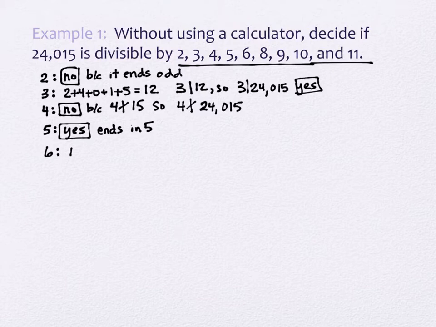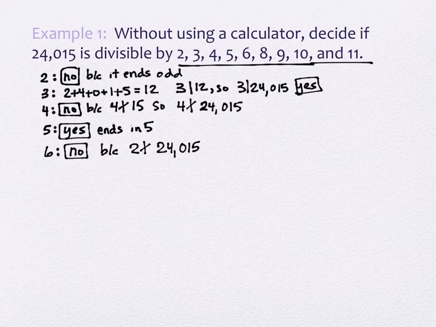No. We didn't talk about that test at length, but what am I checking for if I'm doing divisibility by 6? Divides by 2 and 3. So does it divide by 2? No. Does it divide by 3? Yes, but they both have to be yeses, right? So this one fails because 2 does not divide 24,015, and since 2 fails to divide it, the whole thing fails.